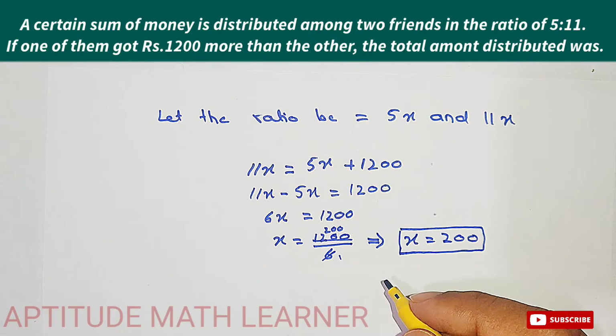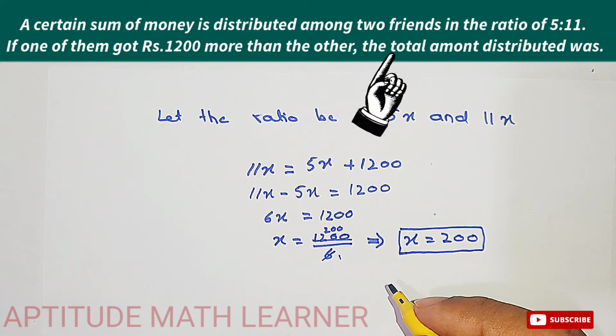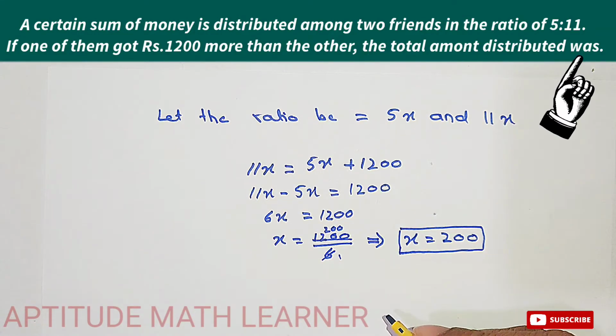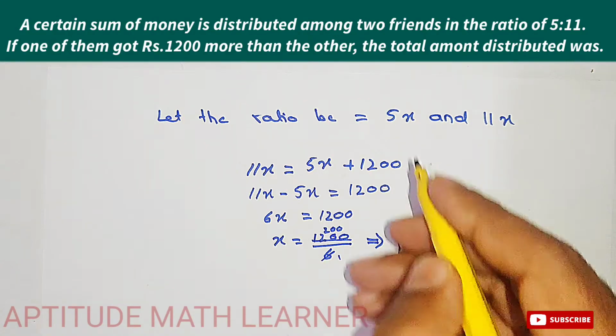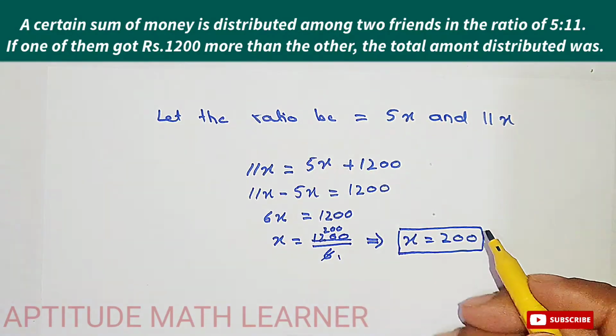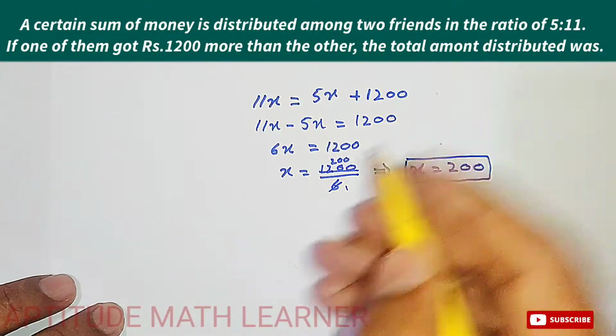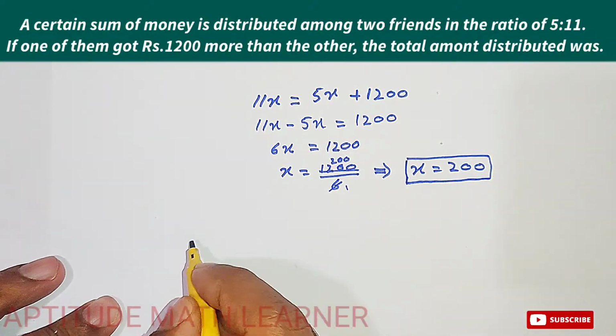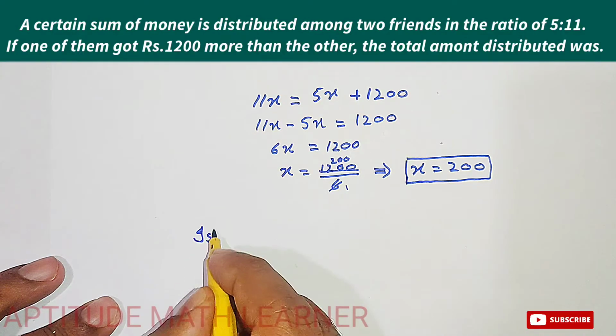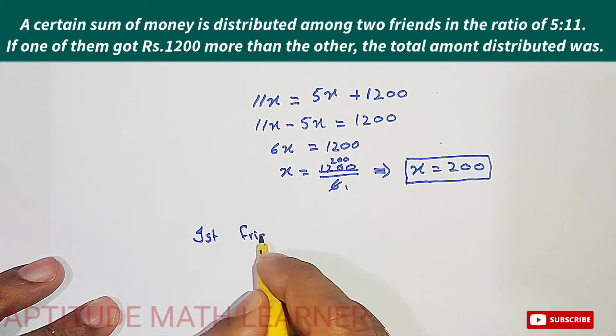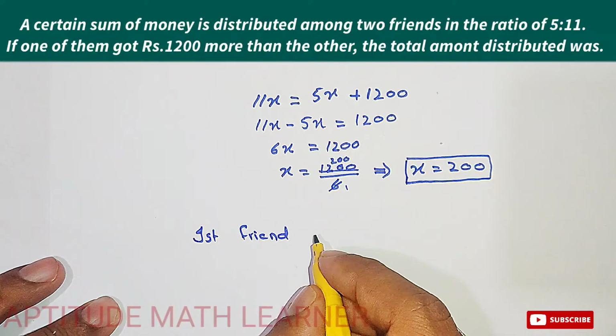Now further the question says that the total sum was, so we have to find out the share for A and B. For the first friend in the ratio, we find the total amount.